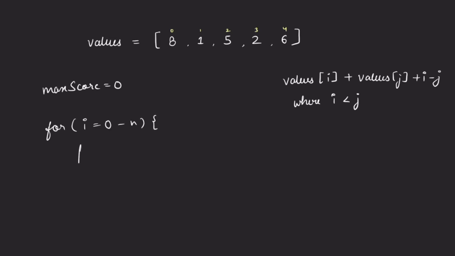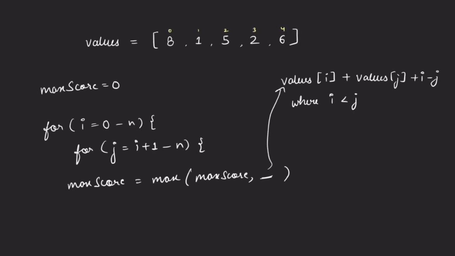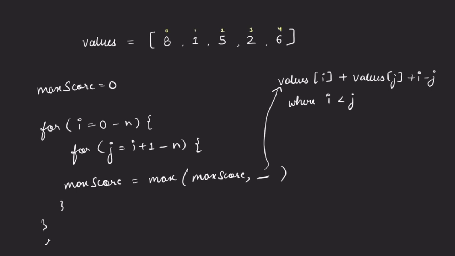Then we'll run a for loop of j starting from i plus 1 till n. Inside this, we update max score to the maximum of max score and this formula, values of i plus values of j plus i minus j. At the end, we just return max score. So this is the pseudo code for the brute force.